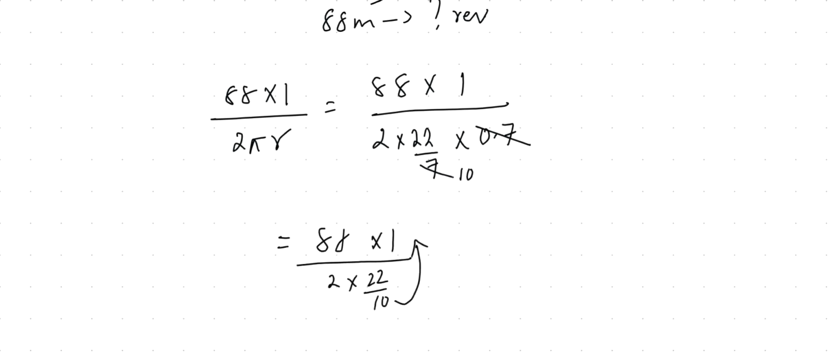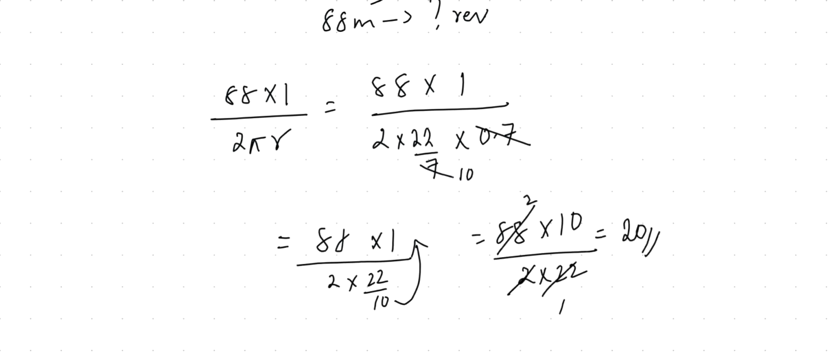So it's just how you calculate now. 2 into 22 is 44. 44 ones are 44, twos are 88. It will be 20 revolutions.